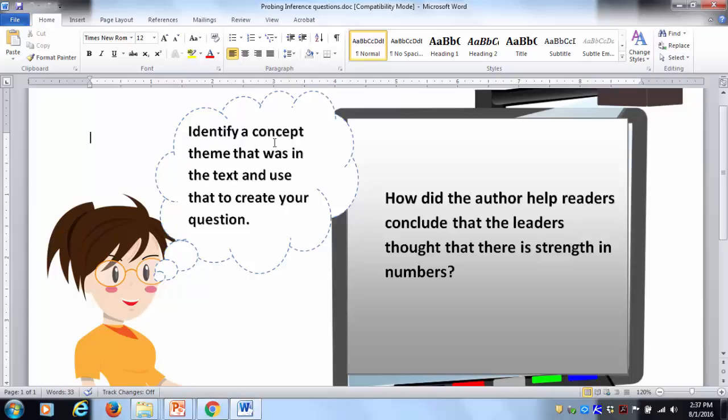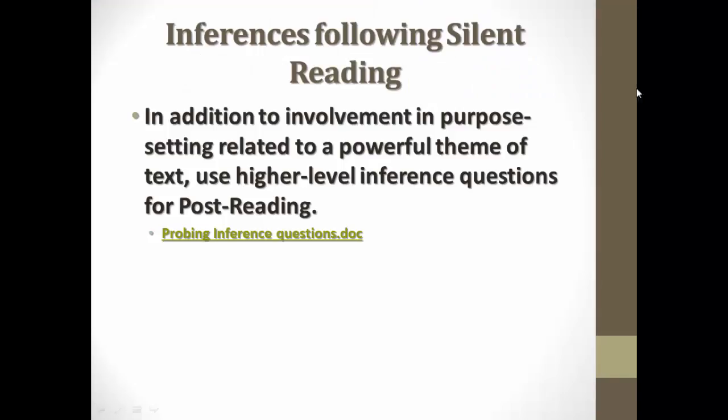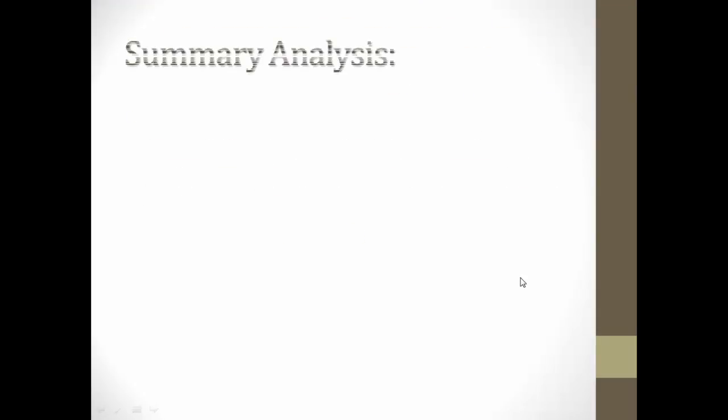Identify a concept theme that was in the text and use that to create your question. So here's an example. How did the author help readers conclude that the leaders thought that there is strength in numbers? Folks, this is a question-the-author type of question. And that's what this student could greatly benefit with.